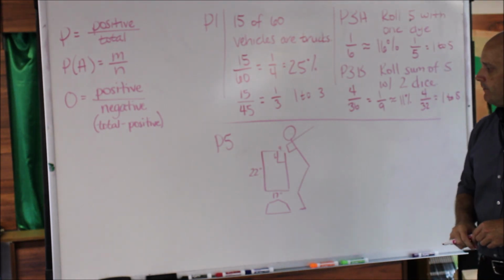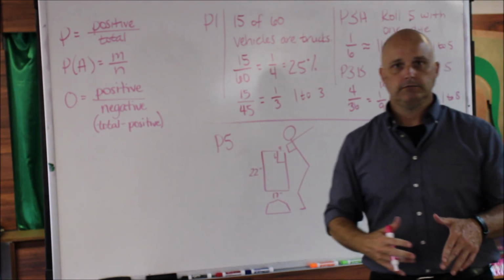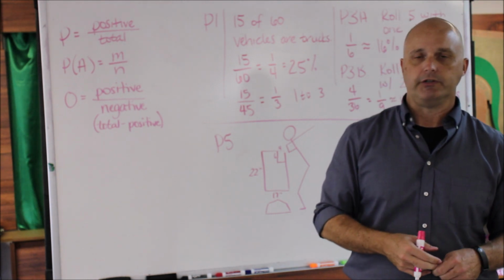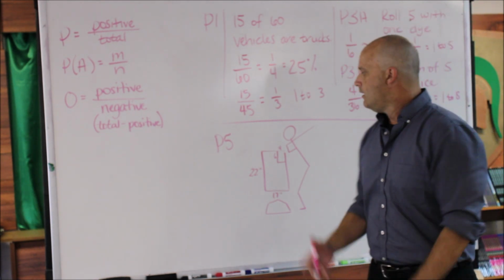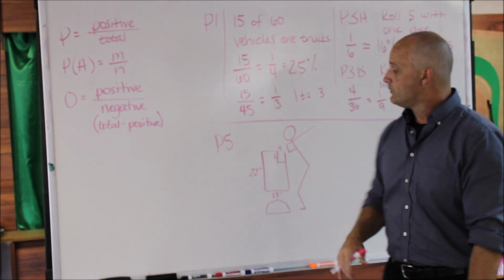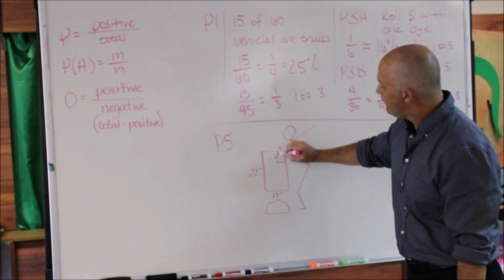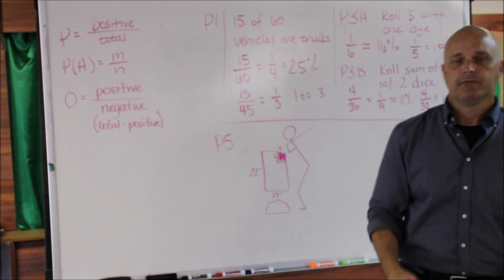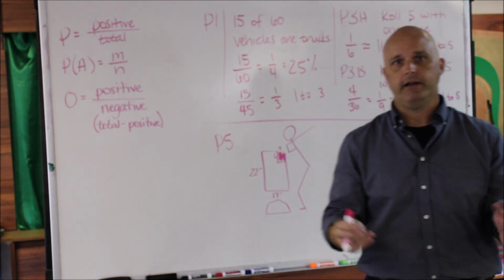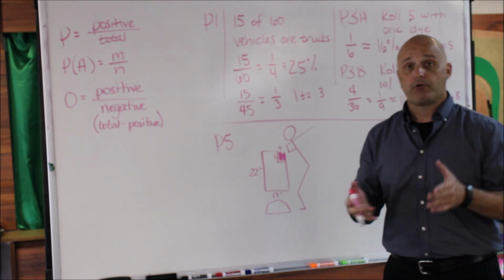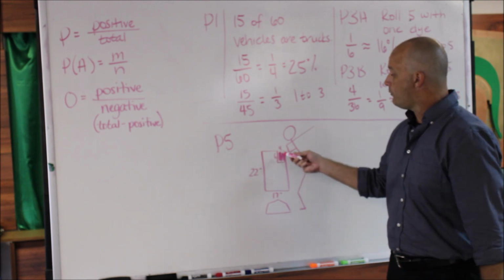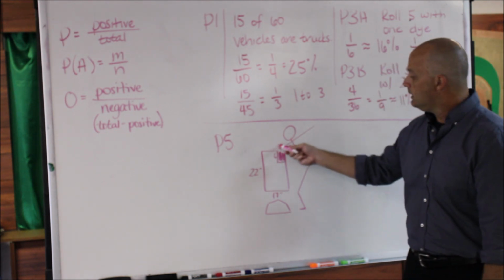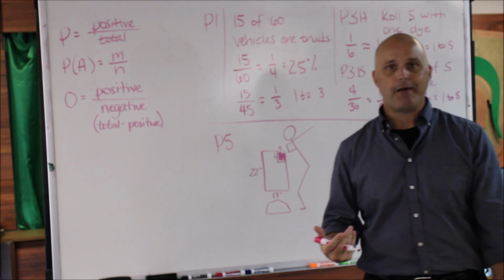Now in problem number 5, we're going to apply probability to geometry, which you would have done last year, we're just going to revisit it. So in this case, what we're looking for is if you've got a batter that has a strike zone that is 22 inches high and the plate is 17 inches wide, what is the probability that the pitcher is going to throw a strike high and tight to that batter?